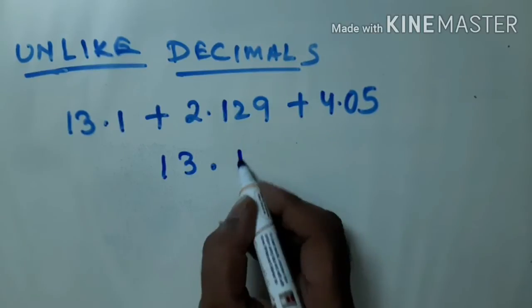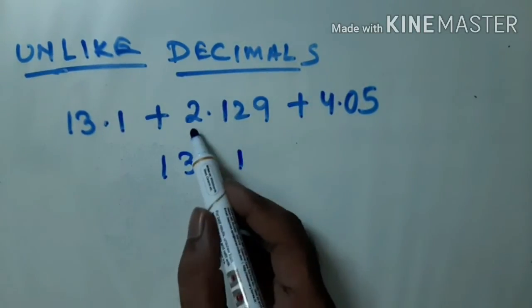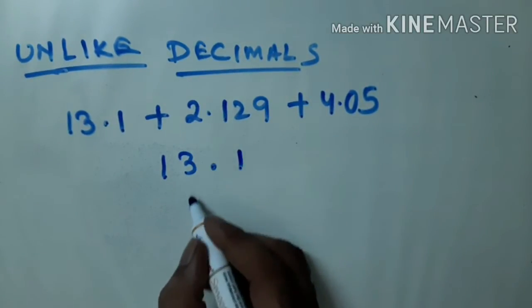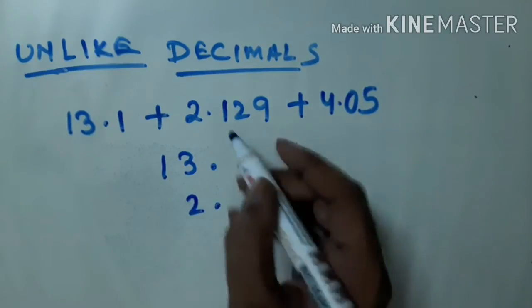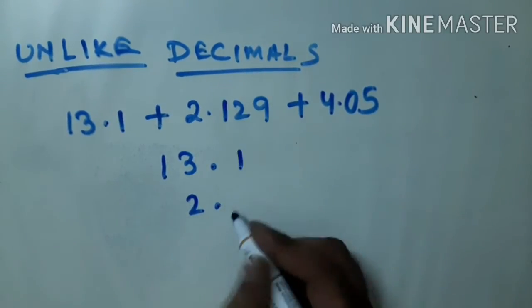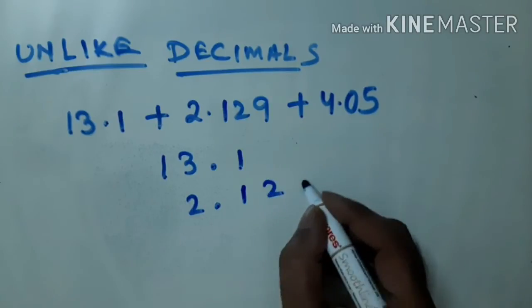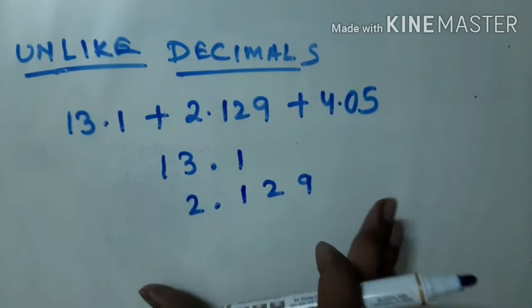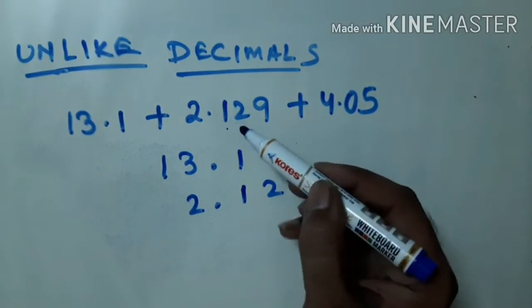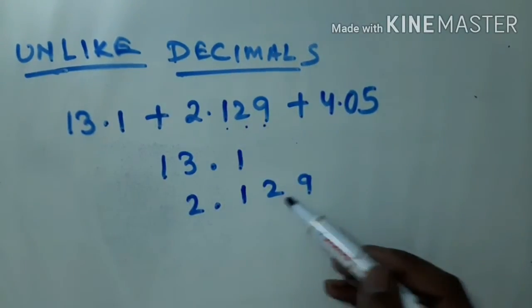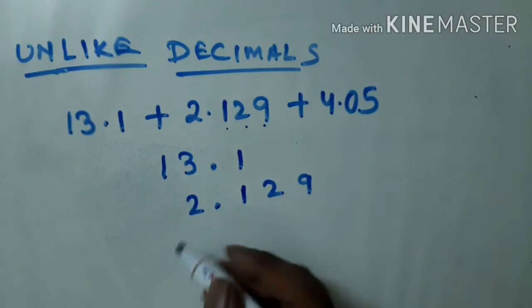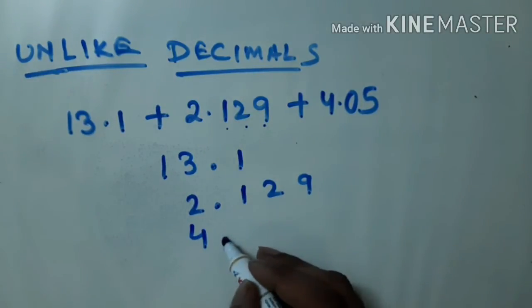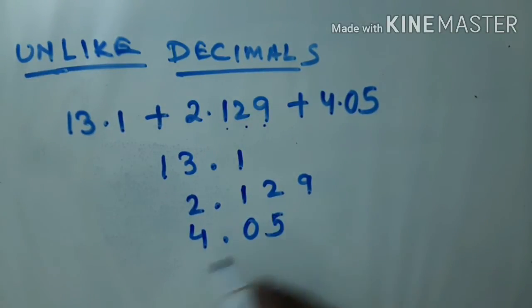So first we will write 13.1, then according to the place value, number should be under number. So 2 is in 1's place, then 0.129, so 1 is in the 10th place, 2 is in the 100th, and 9 is in the 1000th. Next we can see 3 places are there, so point should be under point, and the last number is 4.05.